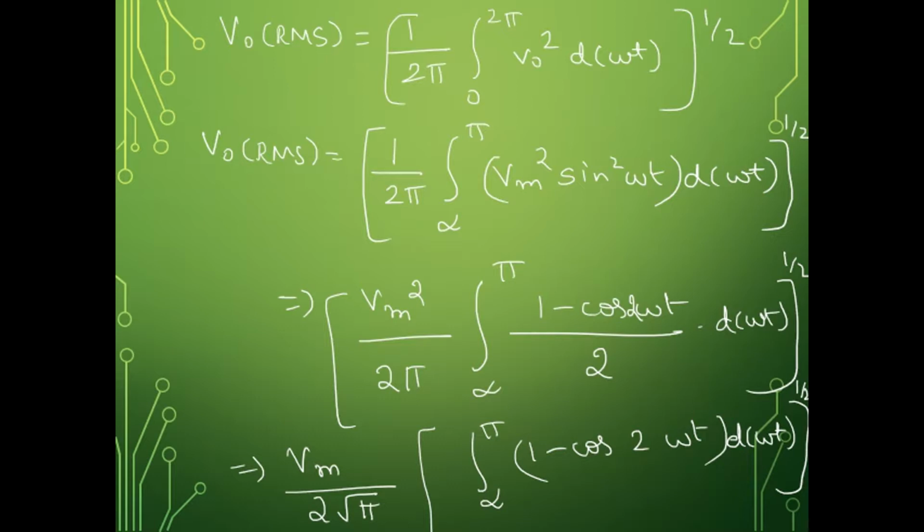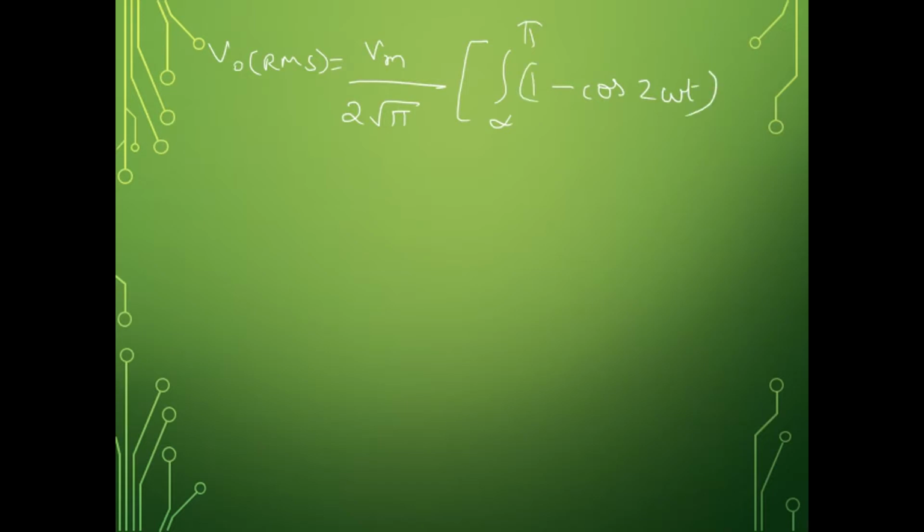Okay, so I'll rewrite it here. It is V0 RMS equal to Vm by 2 root pi, limits alpha to pi 1 minus cos 2 omega t d omega t within the root. So we have to integrate.